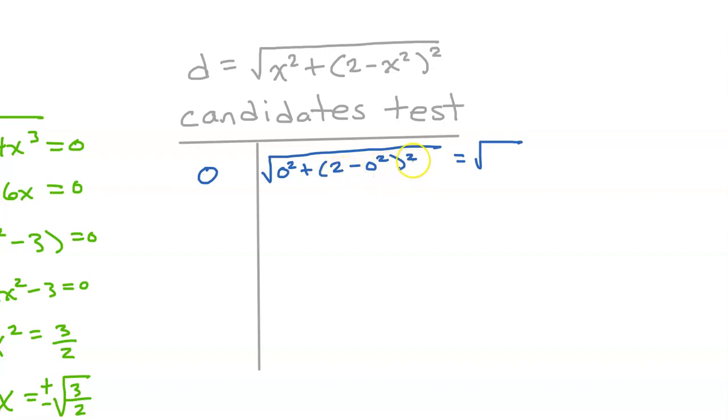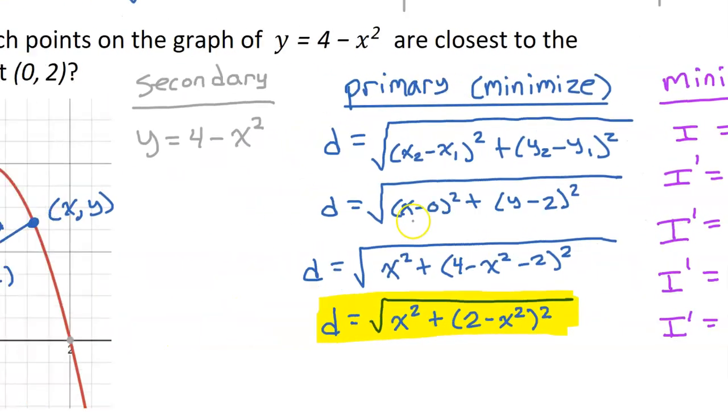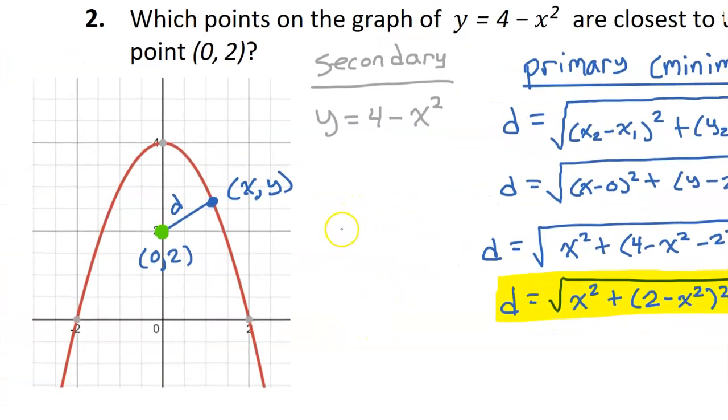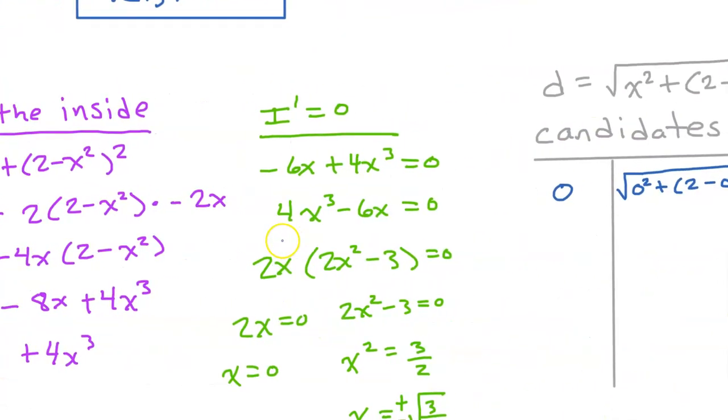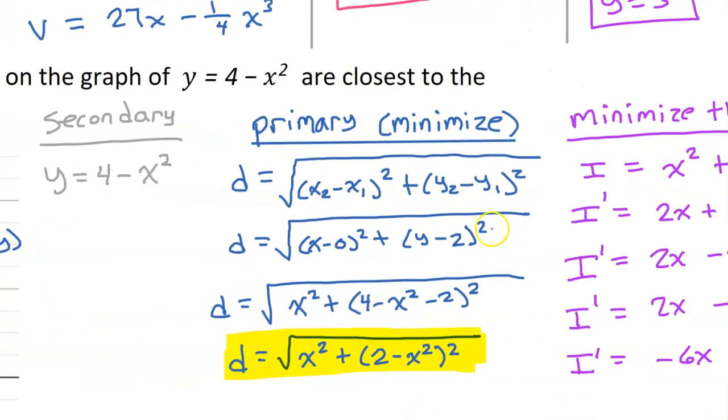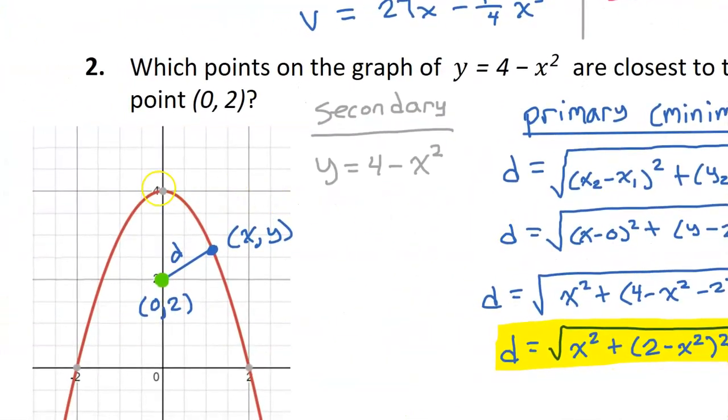Well, 2 squared. So I'm going to have a 4. And of course, the square root of 4 is 2. So that's one value. And we could see this on our picture, actually, because at x equals 0, we are on the point (0, 4). So we knew that the distance here is going to be 2.